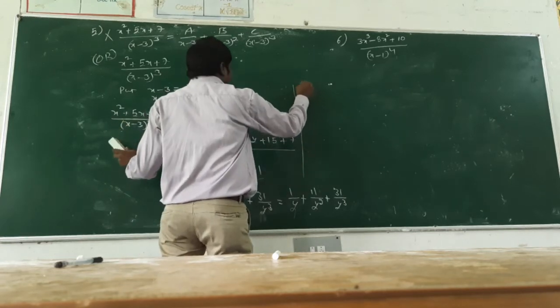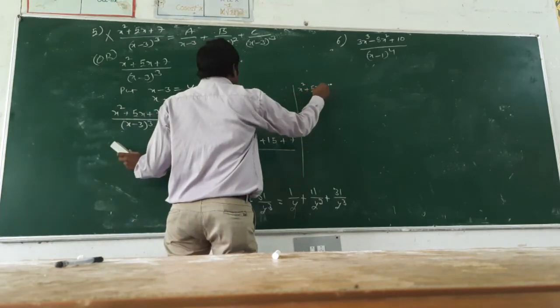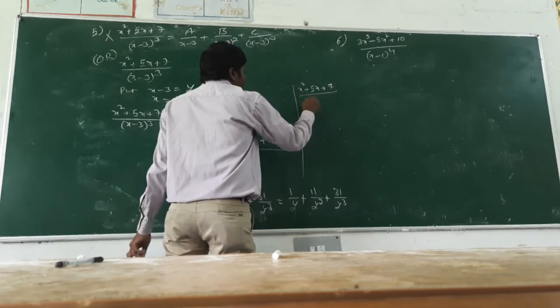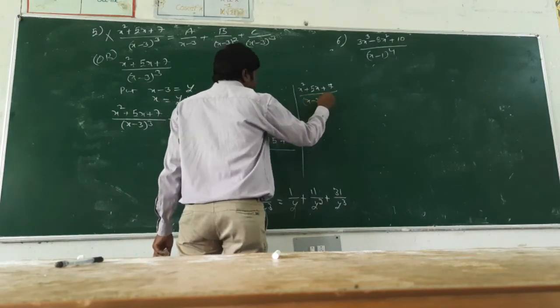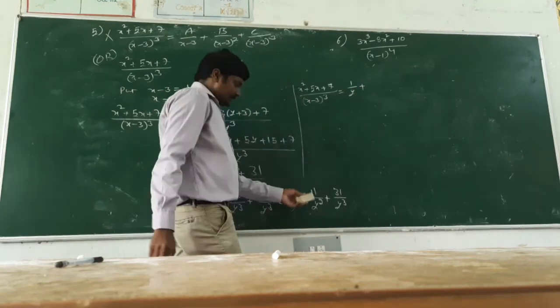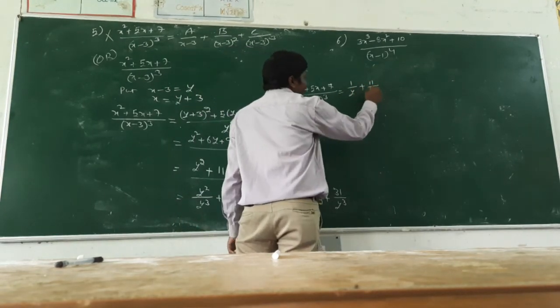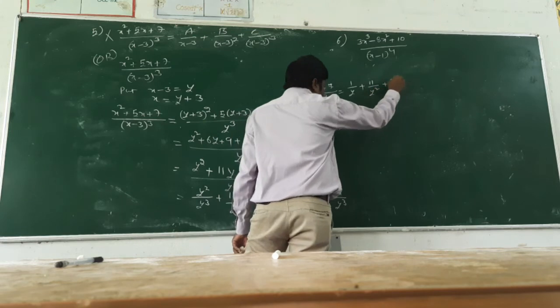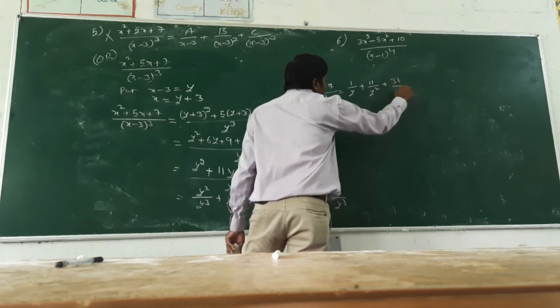The answer is x square plus 5x plus 7 by x minus 3 whole cube is equal to 1 by y plus 11 by y square plus 31 by y cube.